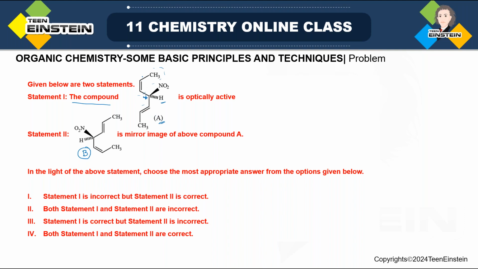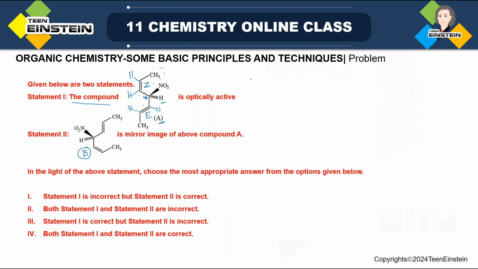But see, here these two hydrogens are on the same side, and the higher priority groups are on the same side. So this is actually Z, isn't it? I'm not saying cis because there is some difference between cis-trans and E-Z. Here we will prefer Z, and on the other side, in this C=C double bond the two hydrogens are opposite. So this is actually E.